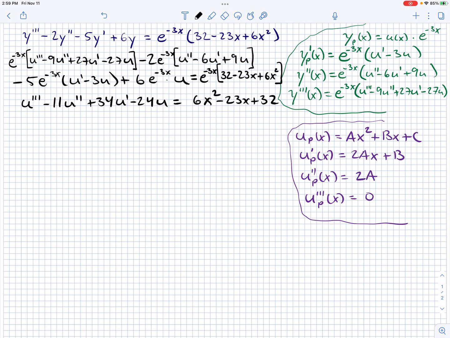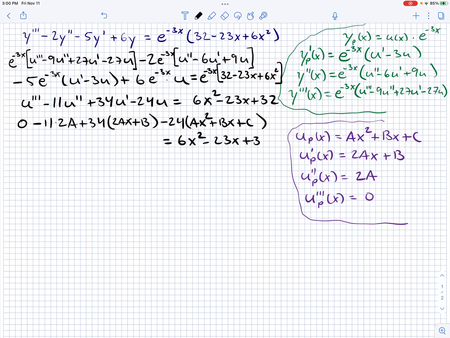U triple prime is 0 minus 11 u double prime, which is 2a, plus 34 u prime, which is 2ax plus b, minus 24u, which is ax squared plus bx plus c, and that will equal the 6x squared minus 23x plus 32.